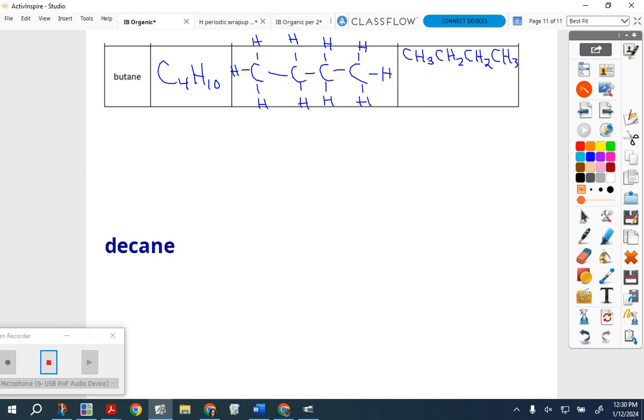But now I've got a thing repeating in the middle. And I can address that by putting it in parentheses. So I can write CH3, parentheses, CH2, with a 2 on the outside, saying that I've got 2 of those in a row. And then I've got CH3. And it goes on from there. Yeah, they're both considered condensed, but the longer the chain, the more likely you're going to get something like this.